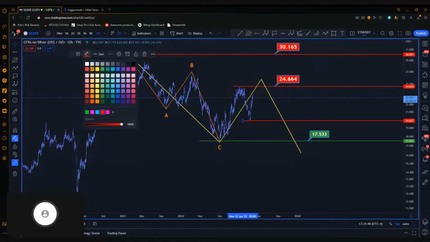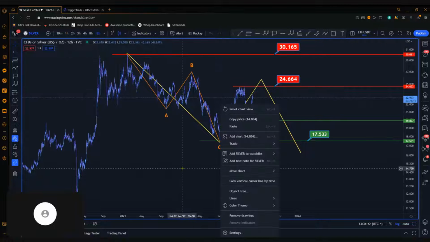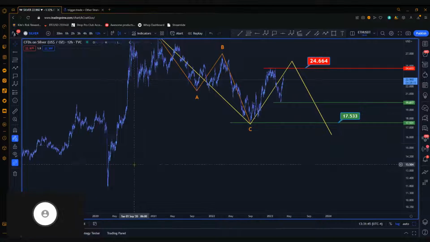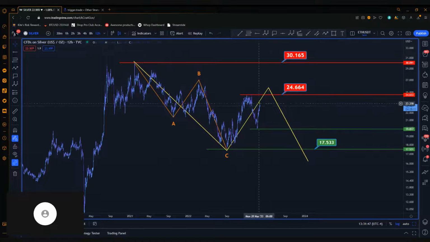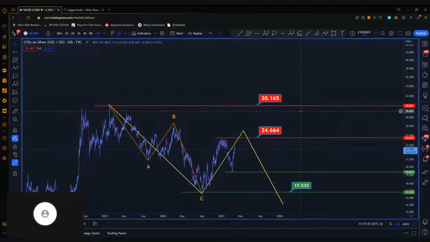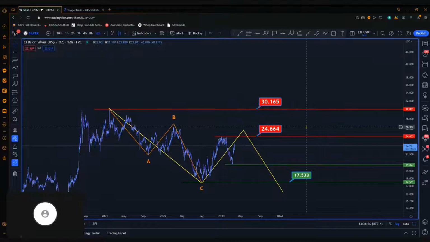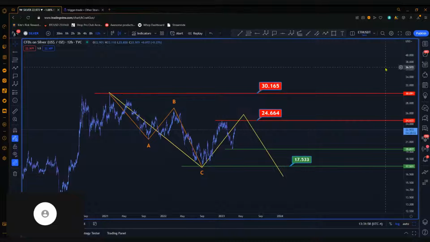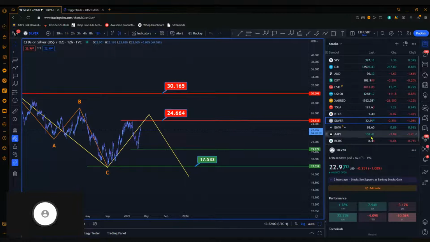First, that's definitely possible. But besides that, I really don't see. If we keep pumping past that 2466, we're probably going to test the new high. And if we keep going from there, we can definitely put in much higher highs from that region. But besides that, that's pretty much what I have for gold and silver.